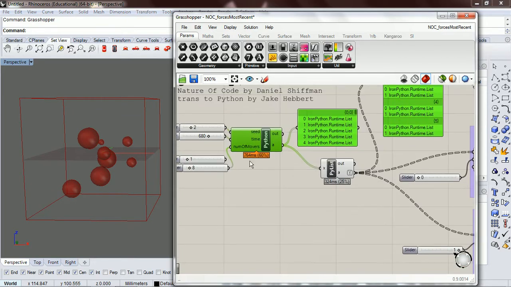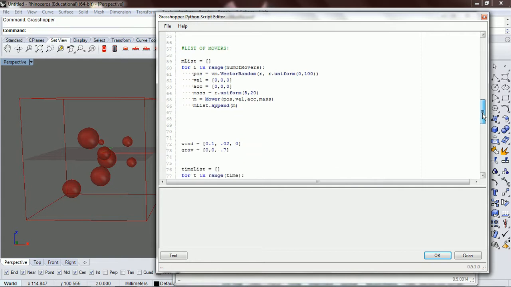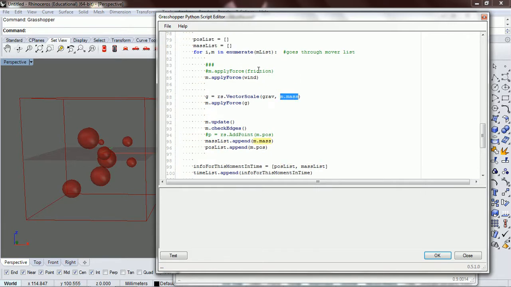But like I said, this video will just show us how we can fashion our forces off of the properties of the mover. So let's do the same with friction.